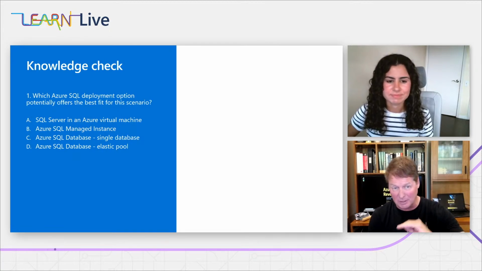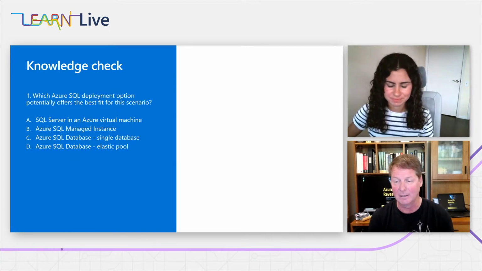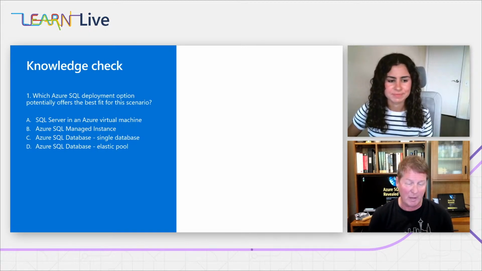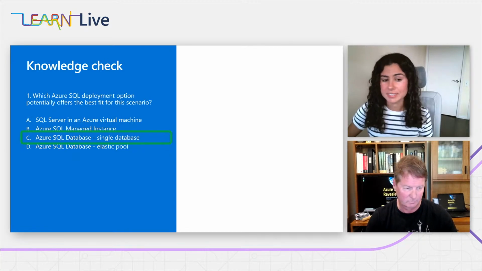And we really don't need an elastic pool here. You did not mention any kind of need for that. Plus, I don't even think that is part of the SLA for getting that 4.5 nines. So I think I'm going to need C. We don't specifically call out how you would do that. We can talk more about that, but I think C is going to have to be your best answer here. Yeah, definitely.